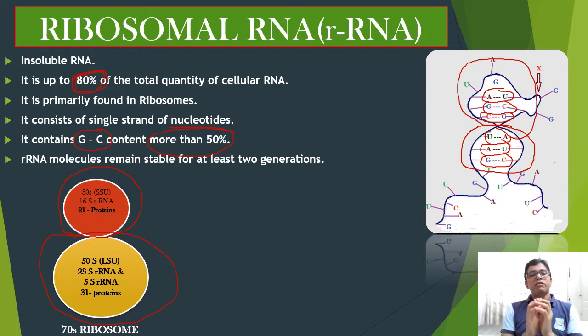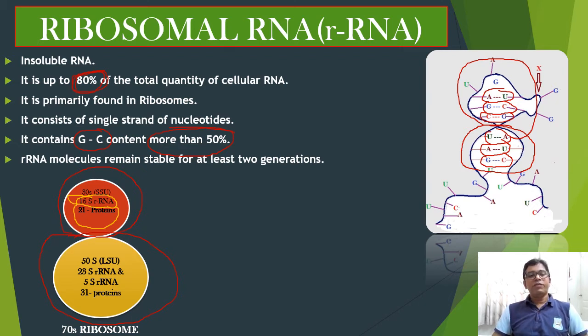In the 30S subunit, 16S rRNA is present. And 21 different types of proteins are also present in the small subunit of the 70S type of ribosomes.